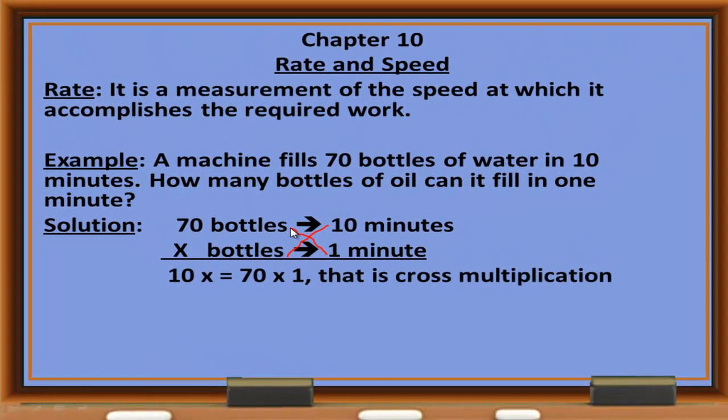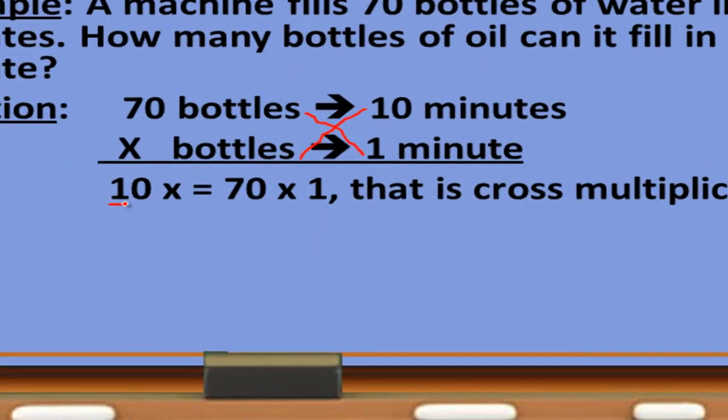That is, X times 10 is 10x, and 70 times 1 is 70. Divide both sides by 10. This 10 will be simplified with this 10, then X will remain.